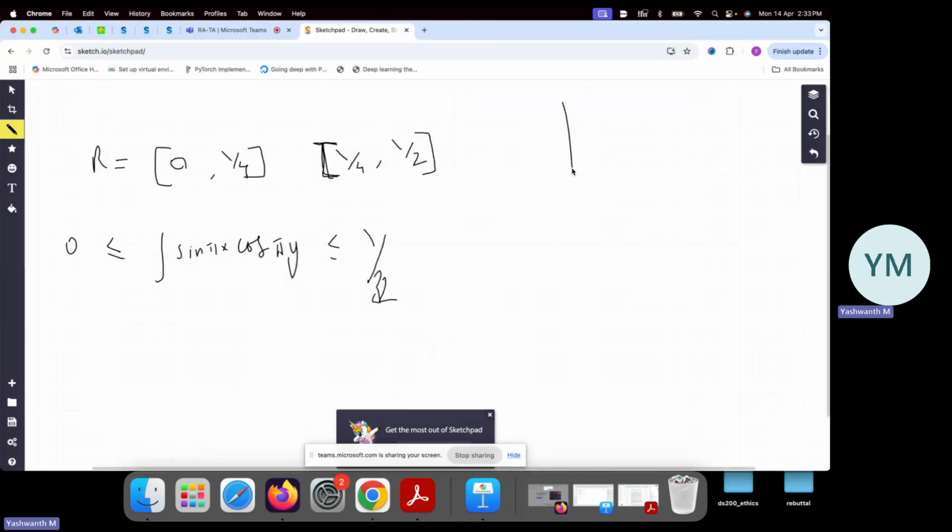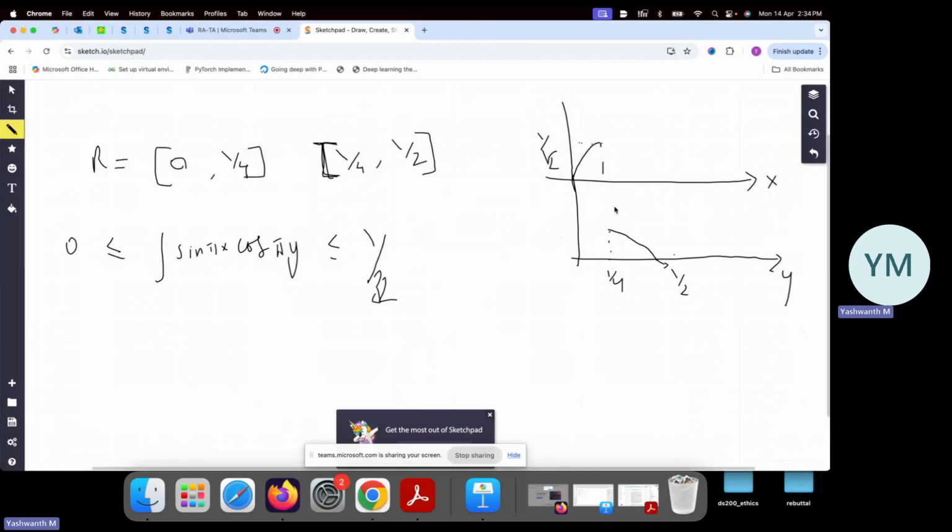So sin pi x at x equal to 1 by 4, it's a value of 1 over root 2. And as a function of y, cos takes values from 1 by 4 to 1 by 2, and takes a value of 1 over root 2 to 0.